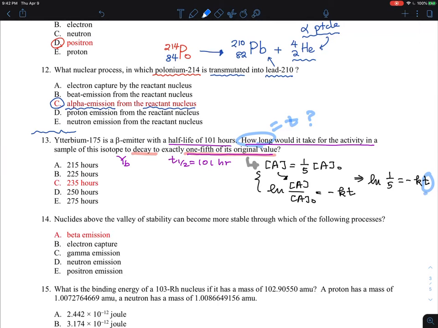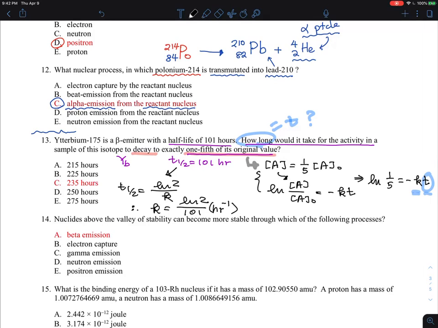And the answer is right there. The only thing left is that you need to know your k value. What did we say about this before? Half-life is natural log 2 divided by k. Therefore k is ln 2 divided by the half-life, which is 101 hours. The hour goes in the bottom, so the unit of k is inverse hour.